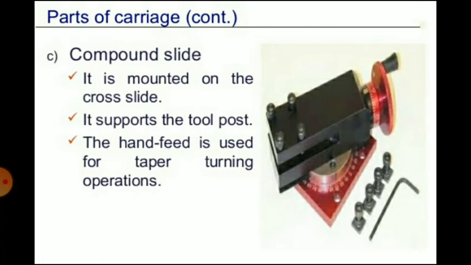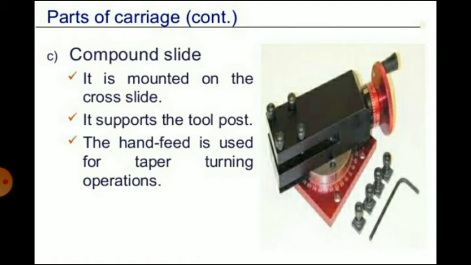Then the third part, that is the compound slide. You can see in the diagram there is a compound slide which is mounted on the cross slide, and it has a wheel for movement of the compound slide. It is mounted on top of the cross slide. It has a circular base graduated in degrees.